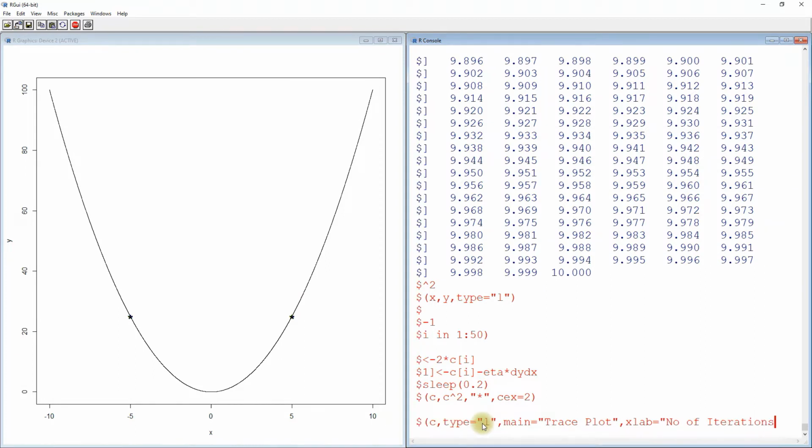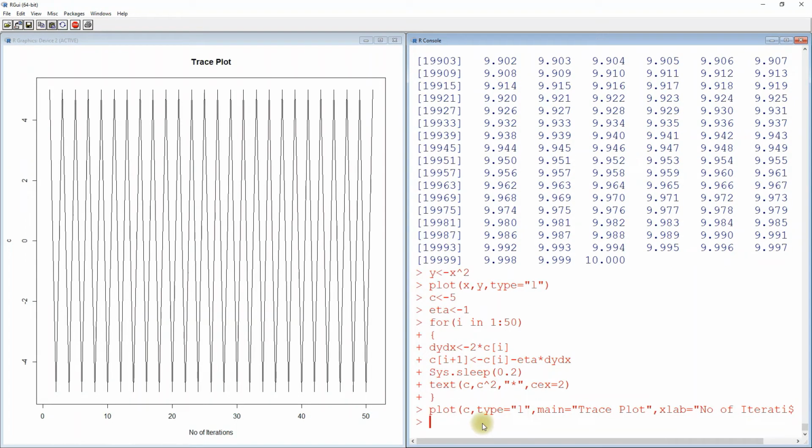Number of iterations means the number of times that it has run. Here we are running 50 times. So let's just have a look at what's going to happen here. You see, it keeps oscillating all around. Each time the value is at the same place. It keeps moving around without ever reaching an optimal solution.